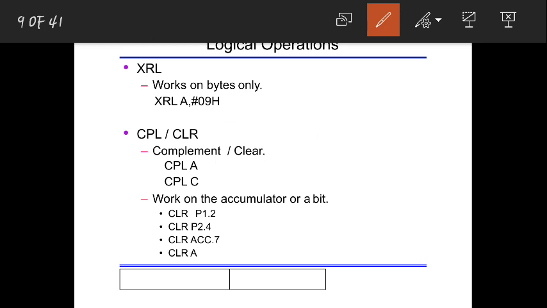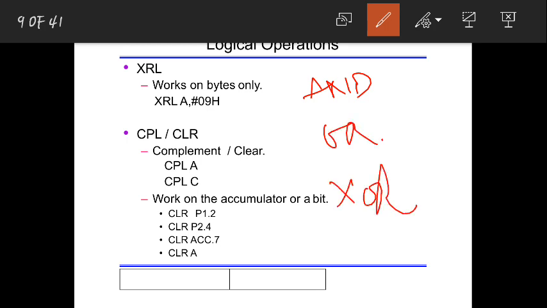In these three operations, what you need to remember is: for the AND operation, 0 times something is always 0, whether it is 0 or 1; if both bits are 1, you get 1.